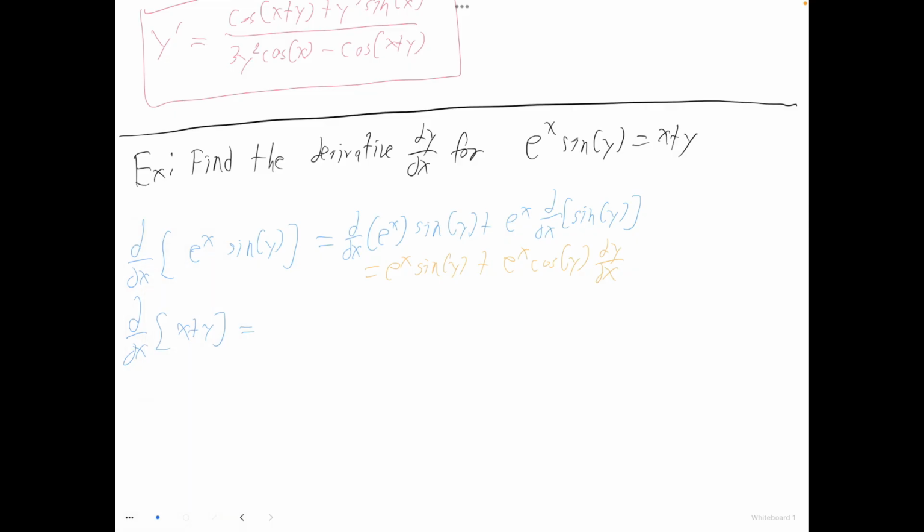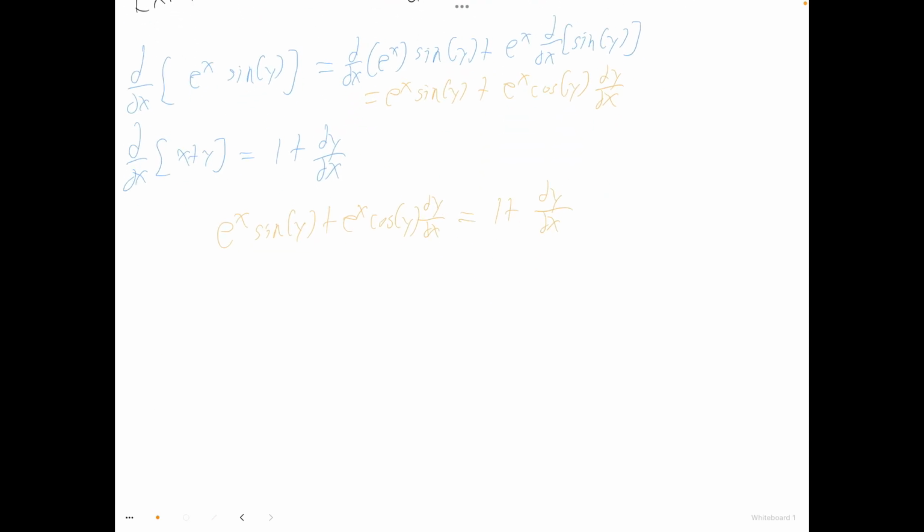And then for the derivative of x plus y, we did that earlier. This is just 1 plus dy over dx. And so setting those two equal, we have e to the x sine of y plus e to the x cosine of y dy over dx is equal to 1 plus dy over dx.